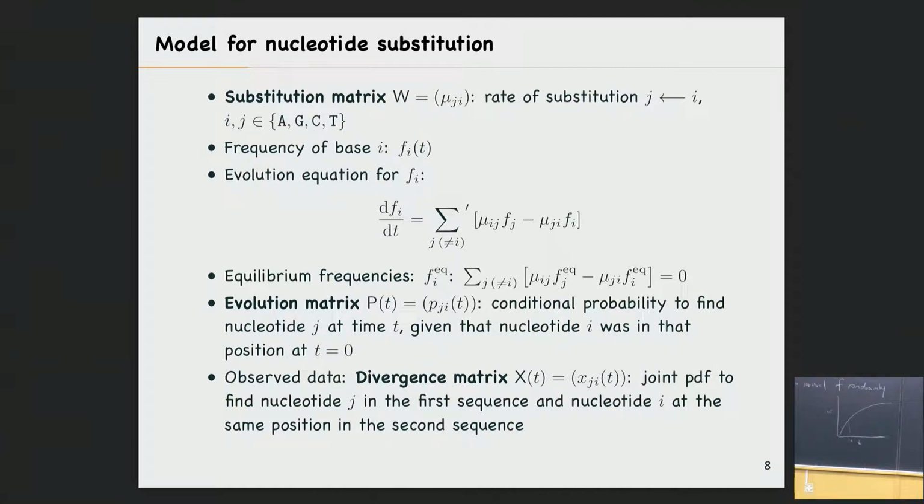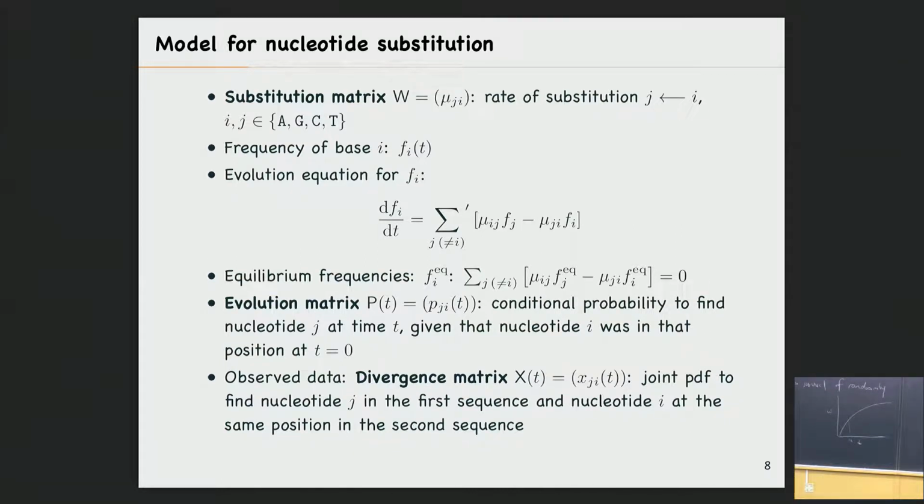Then you write down an evolution matrix. The evolution matrix is the conditional probability to find the nucleotide j at time t in a position, given that nucleotide i was in that position at time t equals 0. Here j can also be equal to i.